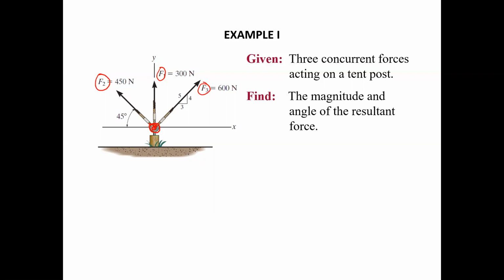So why don't we combine all these three forces, get one resultant force, and then do the analysis with that resultant force and see whether the tent post or the hook is safe or failing, right? So that's why we need to utilize this method to find out the resultant force. Okay, all right, so we need to find the magnitude and angle of the resultant force.